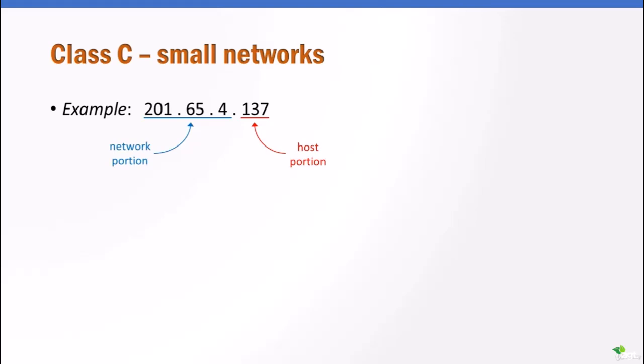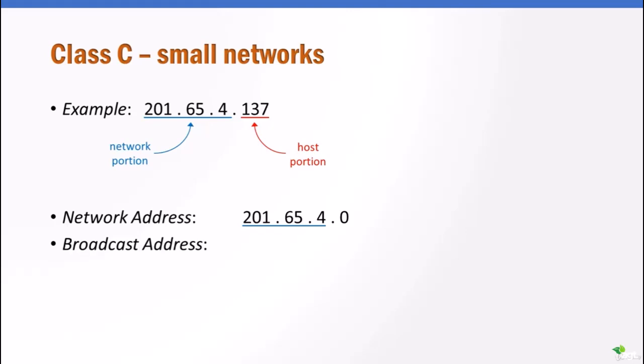As in the previous examples, we're going to determine the network address by copying the network portion, 201.65.4, and then in the host portion, we're going to put 0. So that is our network address for this example. Let's determine the broadcast address.